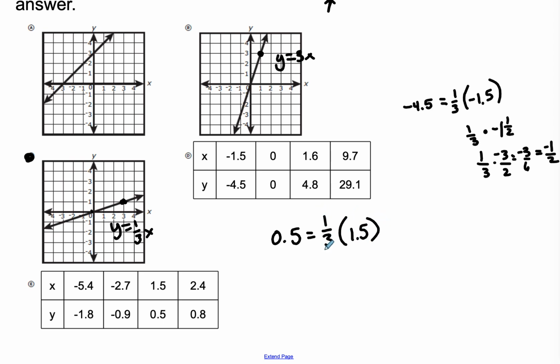Now I know 1/3 is the same thing as divided by 3, so in this one I'm just going to do it this way: 15 divided by 3. 3 does not go into 1 a whole number of times, but it does go into 15 5 times. We said we would get what? 5/10, we got 5/10. So this one is going to work, and that's true for all of these. If I took this and divided by 3, I get the 1 at the bottom. So for this one, it's going to be C, and it's going to be E.